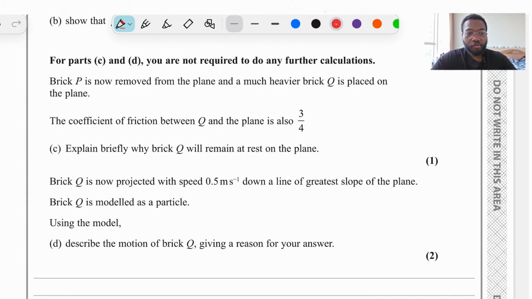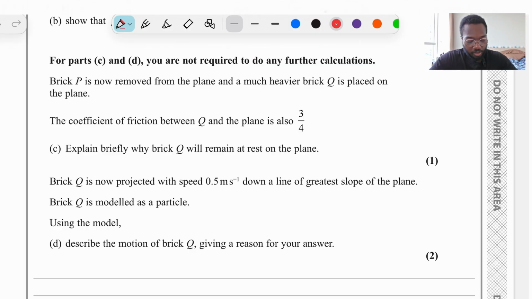So it will remain at rest because of the forces acting on this new brick Q. Everything is still balanced because the weight of Q will just be proportional to the new normal reaction. If we increase the mass, which will increase the weight, the normal reaction will also increase proportionally to that as well. So that's why it will still remain at rest, because the normal reaction will just be in proportion to the new weight, and it will just still stay balanced, all because the coefficient of friction is still the same.